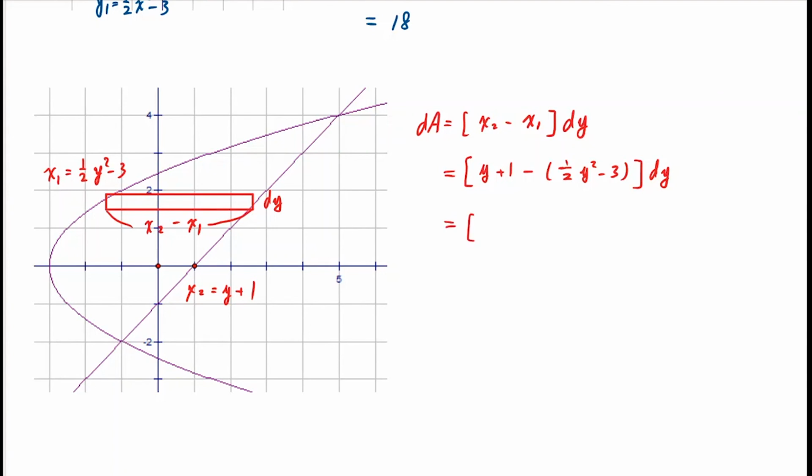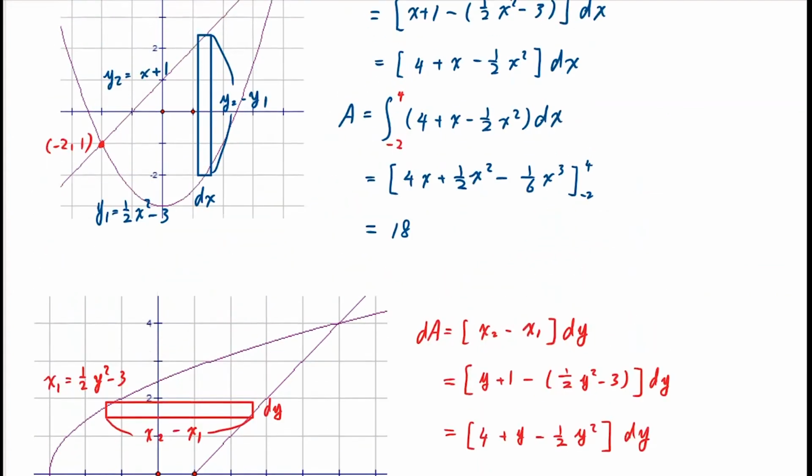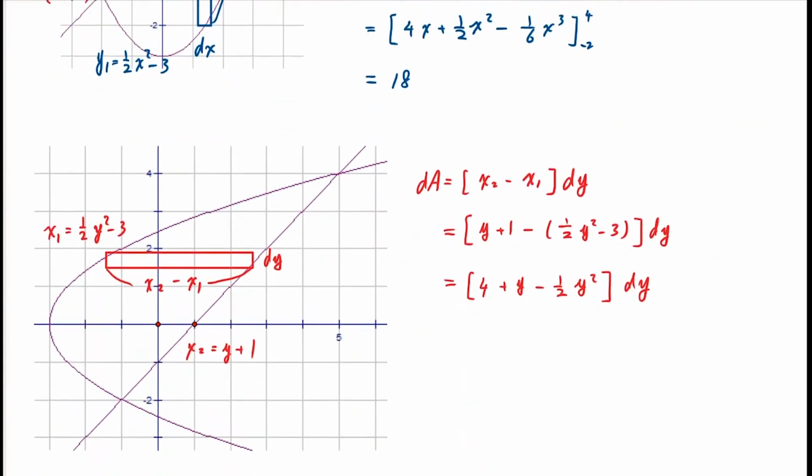So this thing, we have done this before. 4 plus y minus 1/2 y squared. Exactly the same thing we had here. You get it? So it'll turn out to be exactly the same way. We just recycle our work.